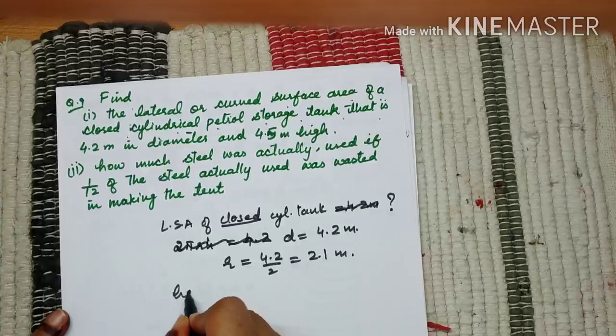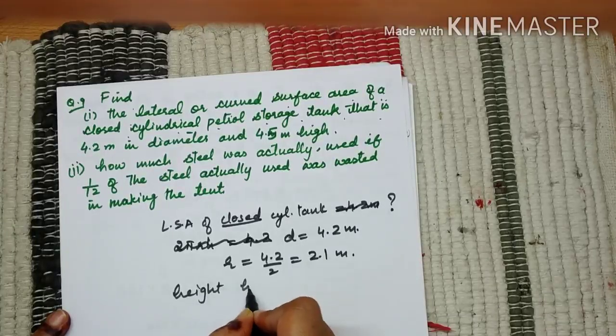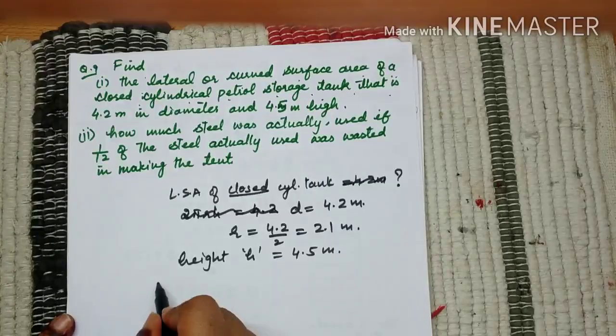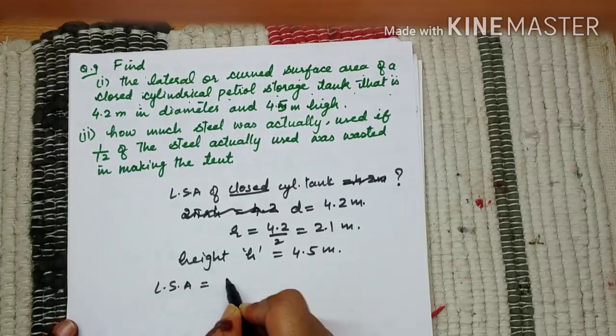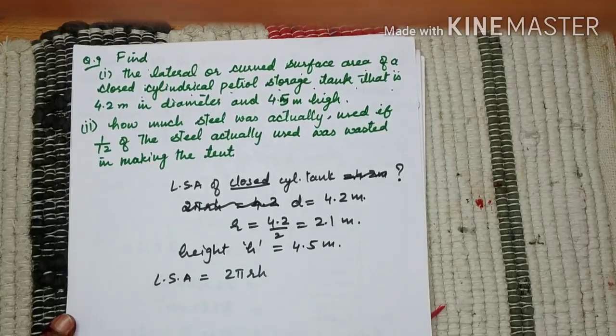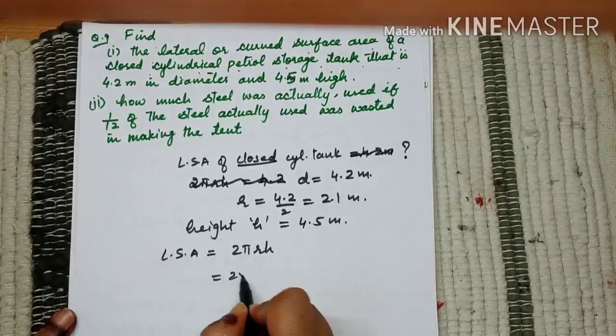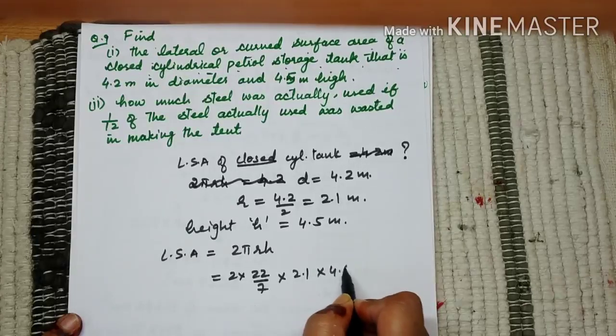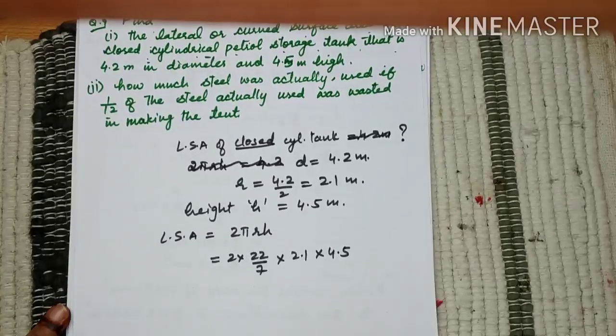Height h is 4.5 meter. So the lateral surface area is 2 pi RH, so 2 into 22 by 7 into 2.1 into 4.5.